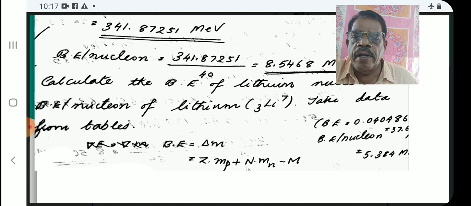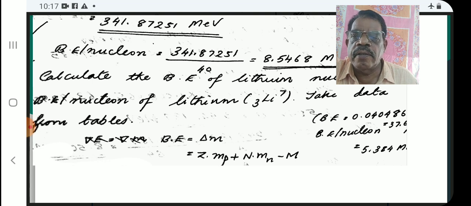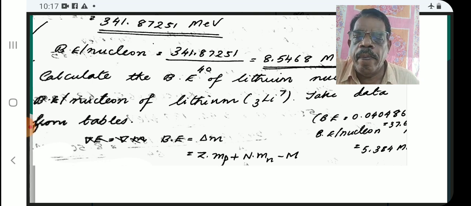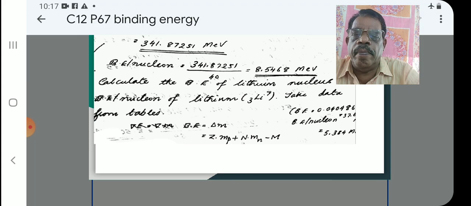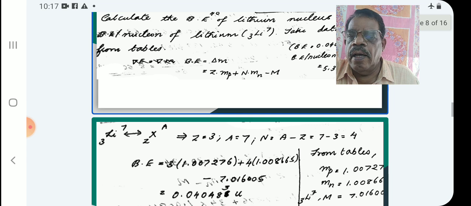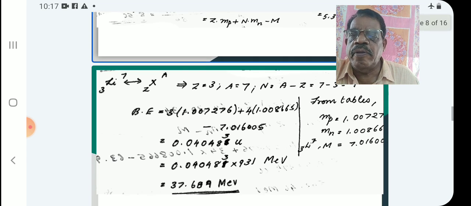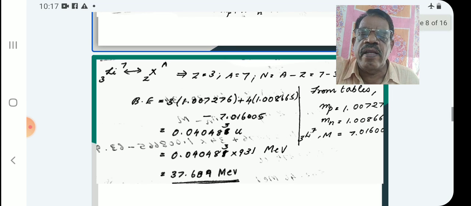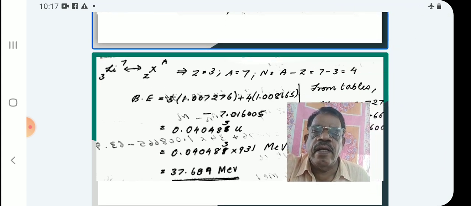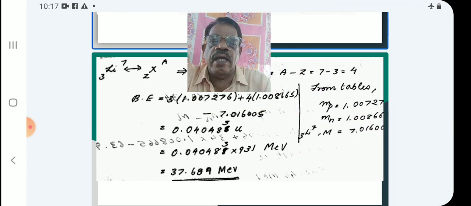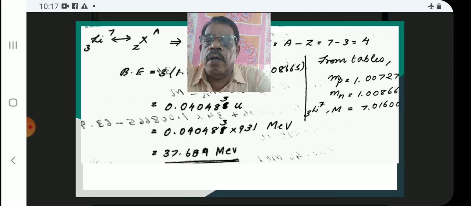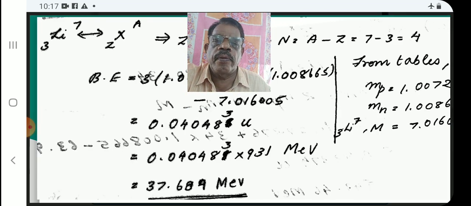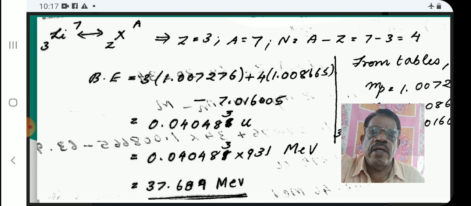So here, for 3Li7, B is equal to delta M equal to ZMB plus NMN minus M. We compare 3Li7 with ZXA. Z is 3, A is 7, N is A minus Z, 7 minus 3 equal to 4.